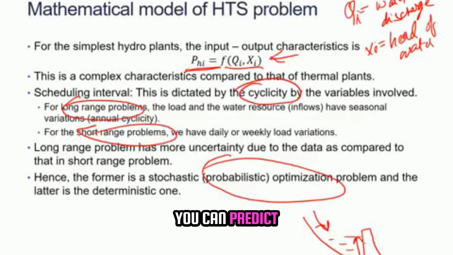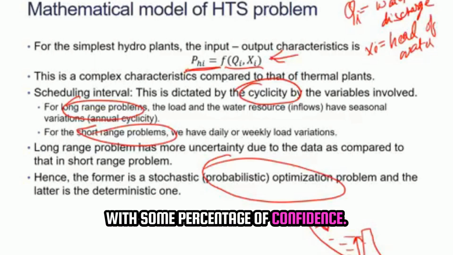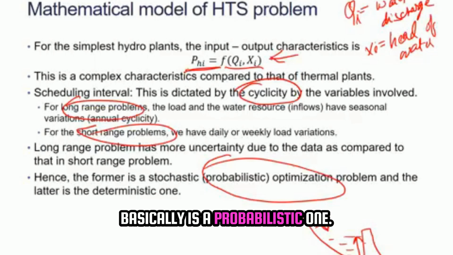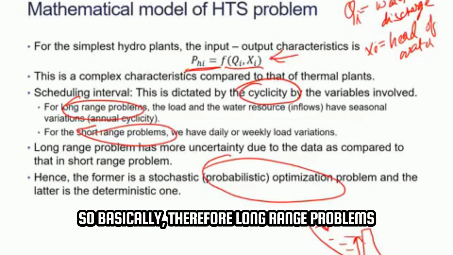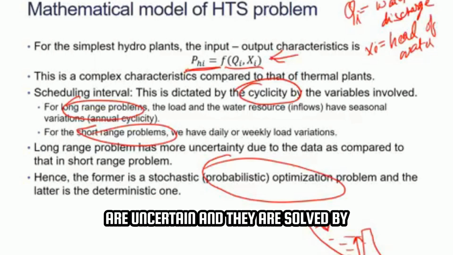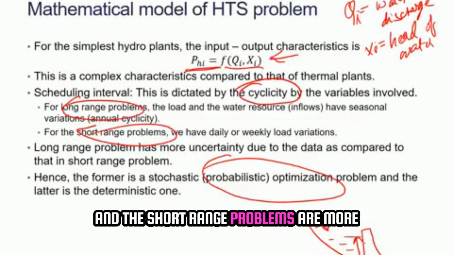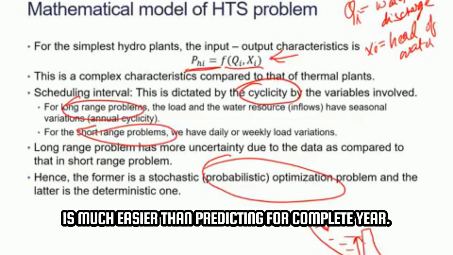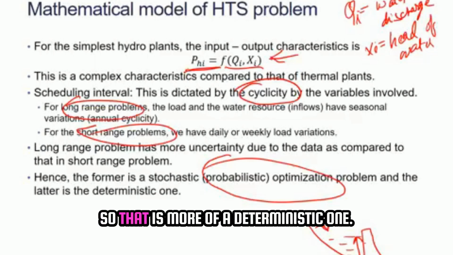You can predict with some percentage of confidence, and that prediction is a probabilistic one. Therefore long range problems are uncertain and are solved by probabilistic optimization methods, while short range problems are more deterministic, because predicting for one week is much easier than predicting for a complete year.